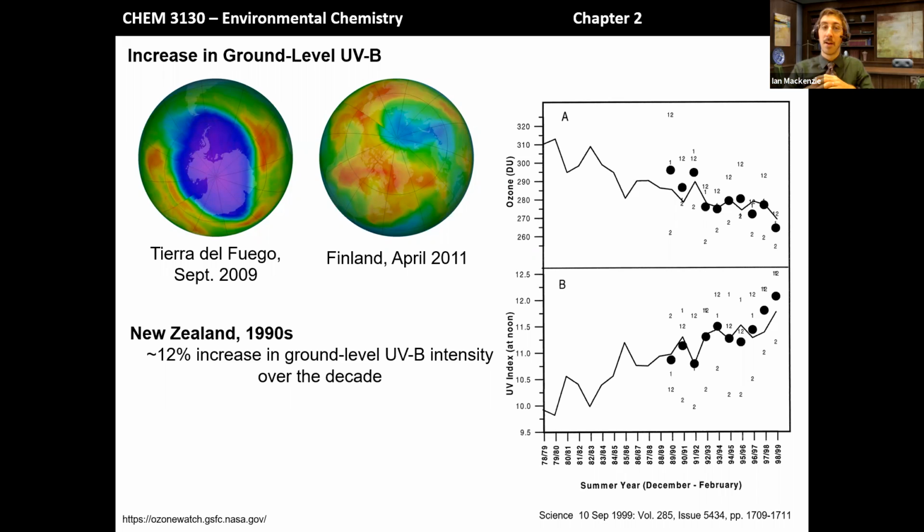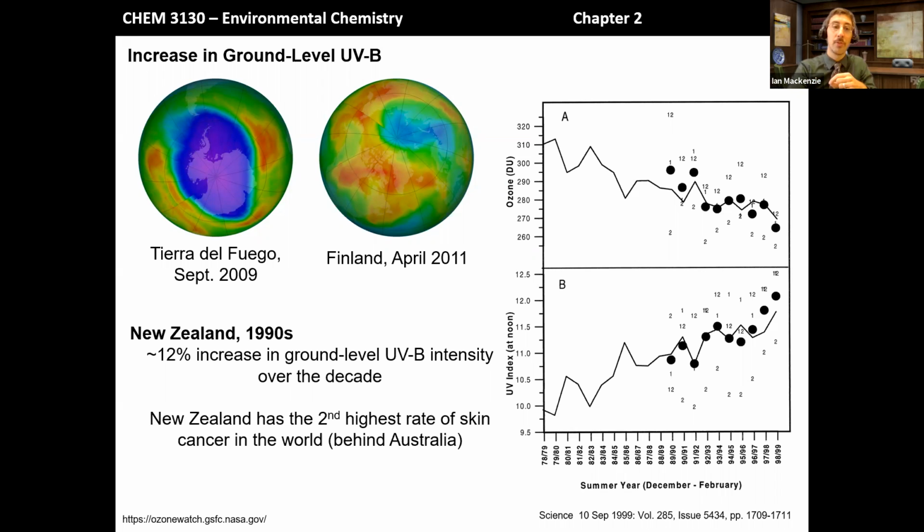It's certainly not at the pole, and Australia as well, but both are extremely relevant areas, and this chemistry is extremely relevant to the populations of those areas. And so you see this significant increase in UVB light over only about a decade. Now, what results from that is that New Zealand has the second highest rate of skin cancer in the world, and it's only second behind Australia, also in a similar region of the Earth, near that polar ozone hole.